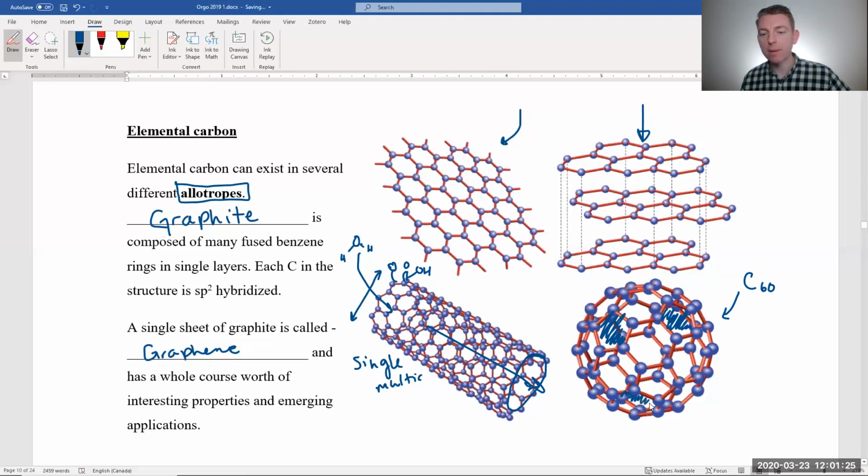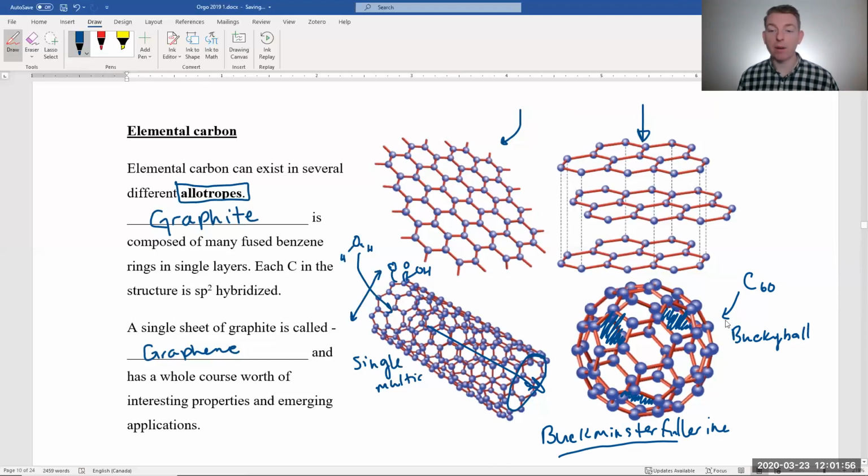It's also called a buckyball, or Buckminster fullerene, after Buckminster Fuller, who made this geodesic dome in a building before we found it in the molecule.